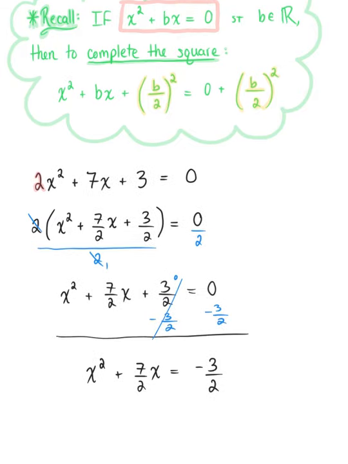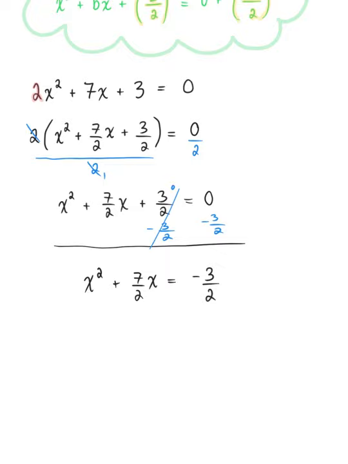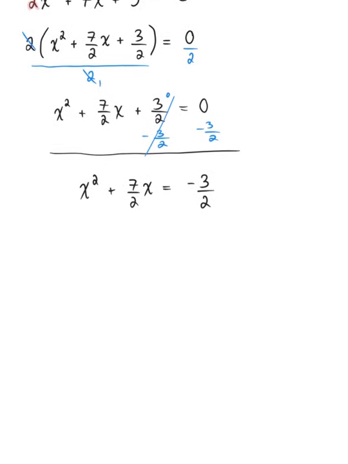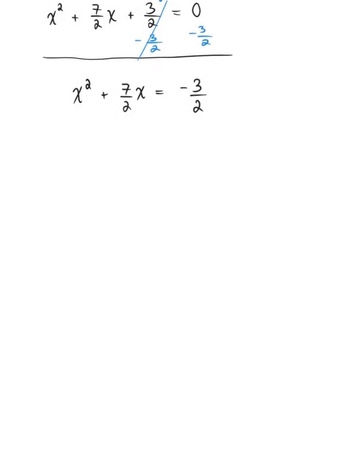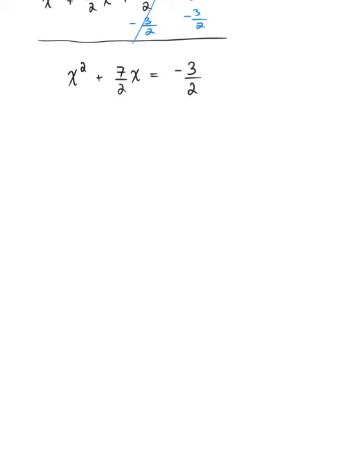Beautiful! So we have set this quadratic expression up perfectly to now go through and complete our square. So looking at this quadratic equation, we can see that the coefficient b is 7 halves. So we're going to need to now go ahead and add half of this squared to both sides of the equation.